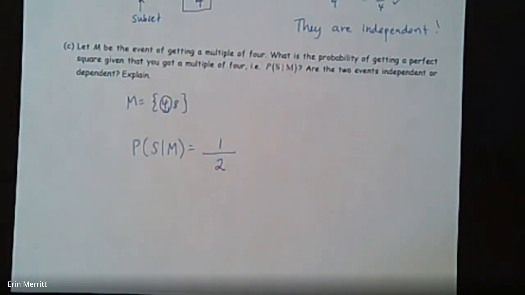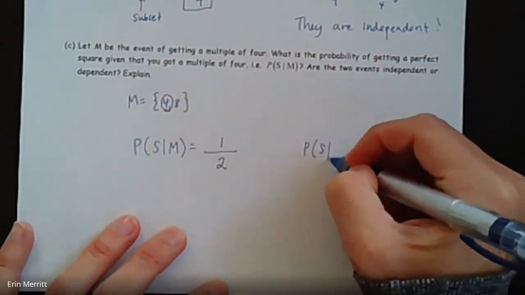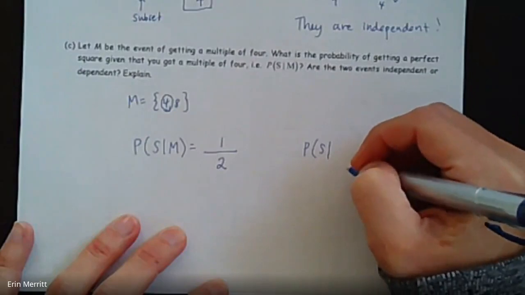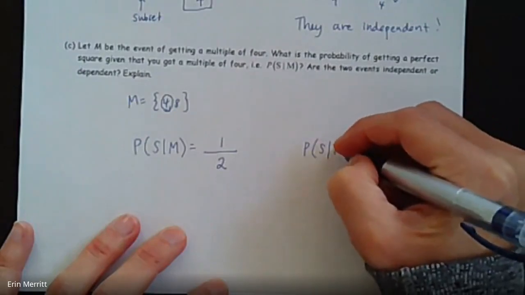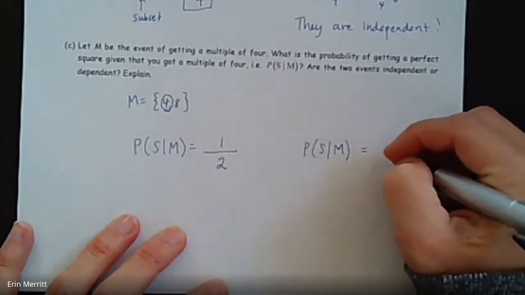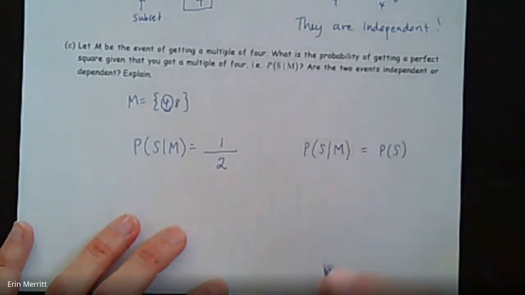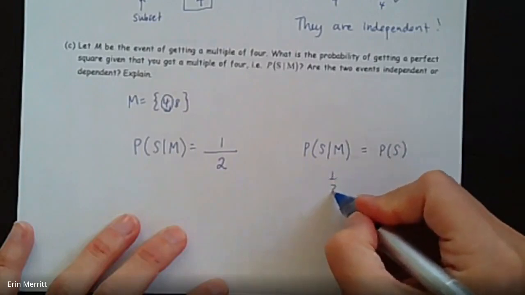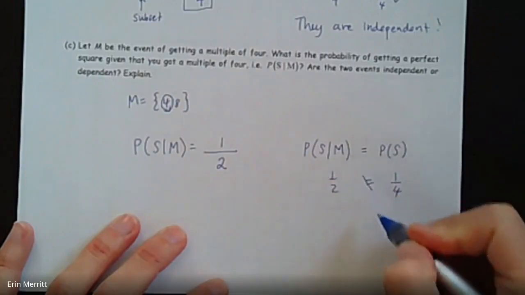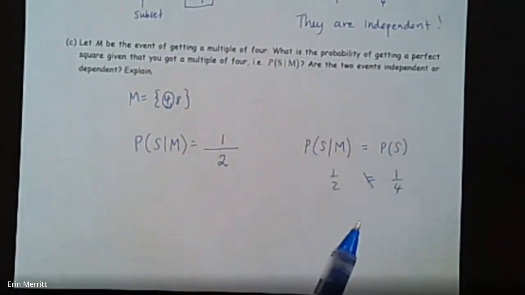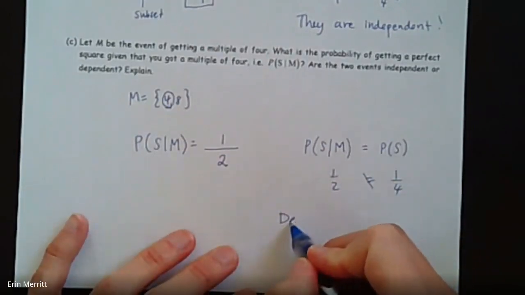Are the 2 events independent or dependent? All right. Well, is the probability of spinning a perfect square, given that it's a multiple of 4, the same as the probability of just spinning a perfect square? Well, this is 1/2. We said that that was 1/4. No, so they are not independent, they are dependent.